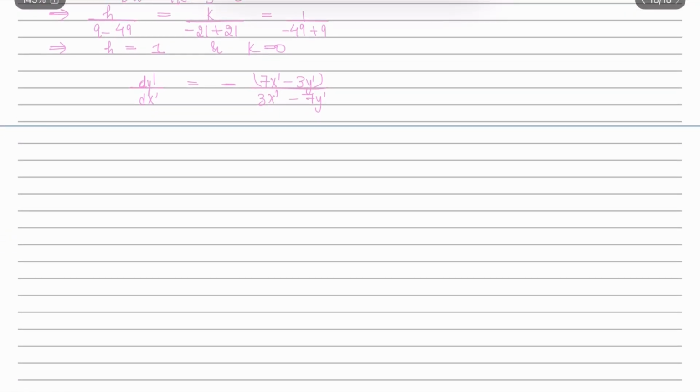Now this is our homogeneous differential equation, and in homogeneous differential equation we put y dash as v into x dash, which helps us to find the value of dy dash upon dx dash as v plus x into dv by dx dash.